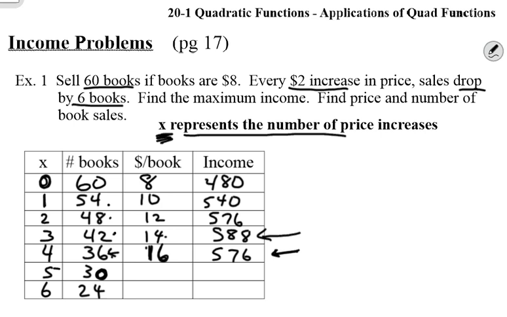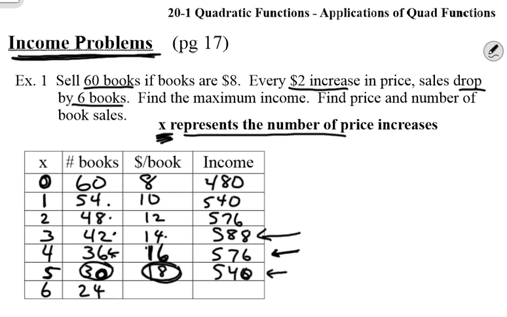If they did another increase, $30 a book at $18, that means they're down to $540 income. So again, we start to see income go down because, yeah, they're getting more per book, but the sales are getting too small.